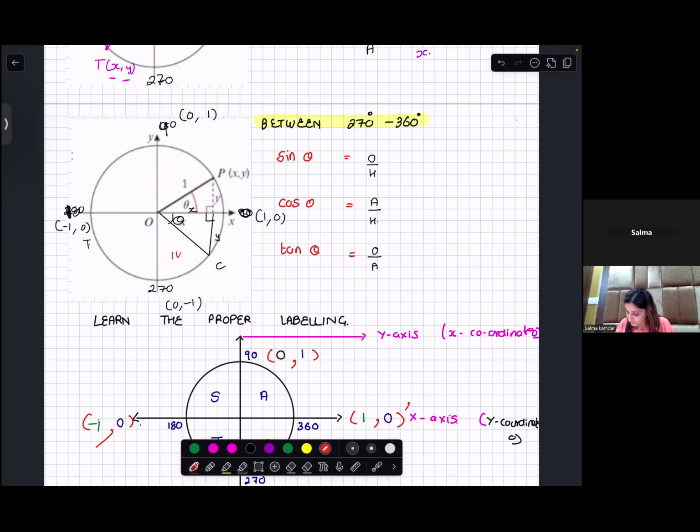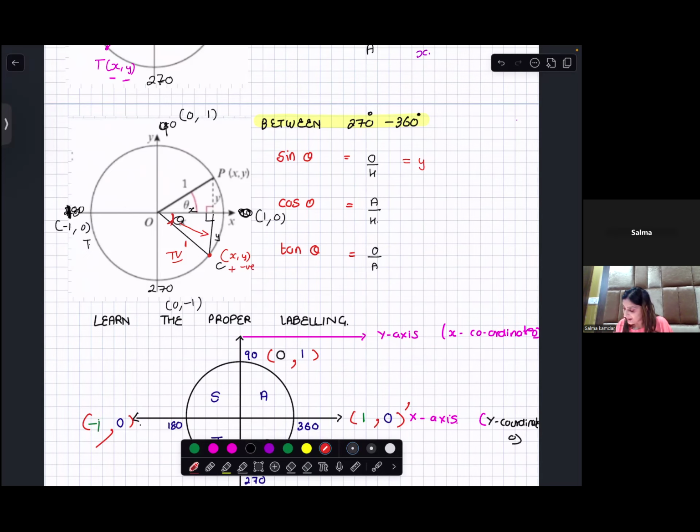So in my fourth quadrant, my sine theta would be opposite over the hypotenuse, which is always 1. So it's going to be the y coordinate, x comma y. The x coordinate is positive and the y coordinate is negative.